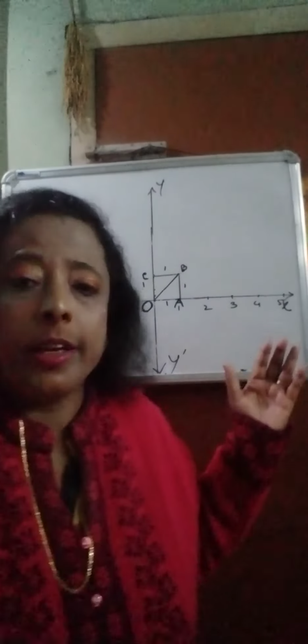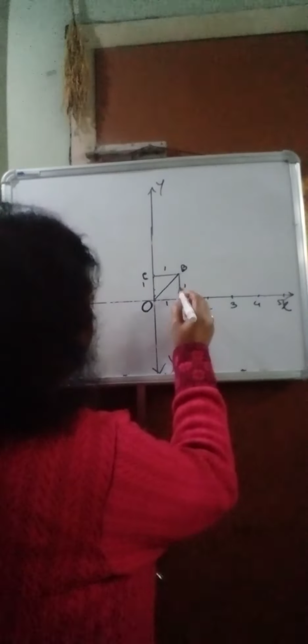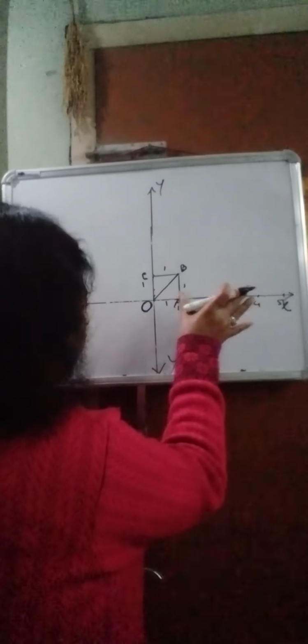And OACB is the square of 1 unit length on each side. Now we have one right angle triangle developed in the positive quadrant of the number line.